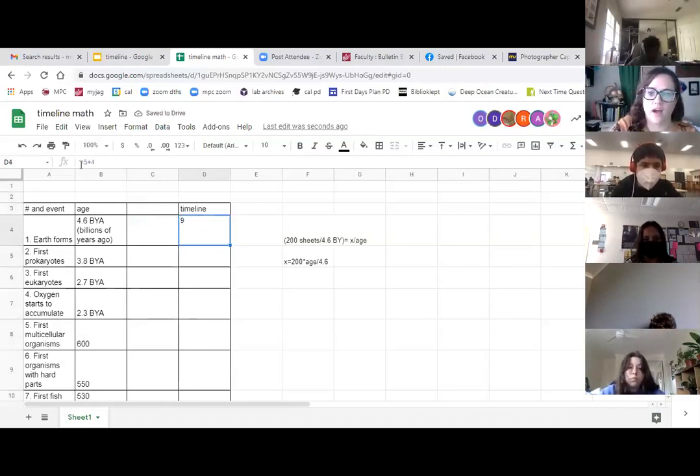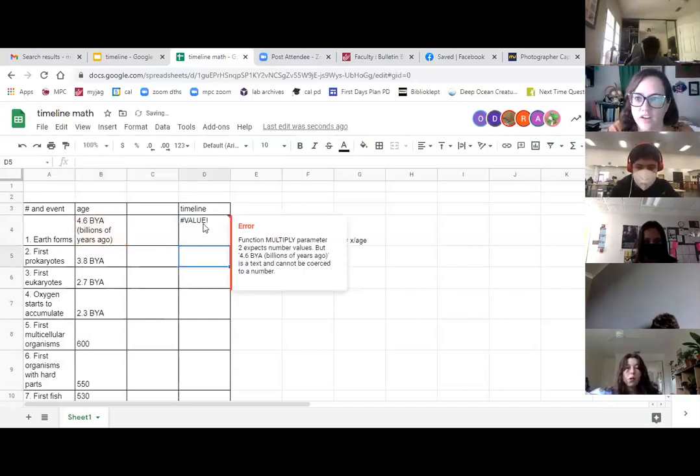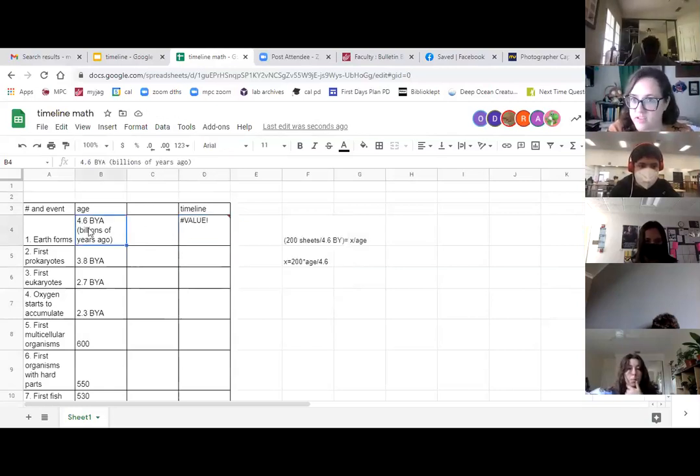Cool. So if I rearrange this equation so that I'm solving for X, then it's 200 times whatever the age is, which is here. So it's 200 times the age, and then divided by 4.6. What, Miss Noel, this doesn't even work. You're stupid. No. If there's any writing in the cell, it won't see it as a number.